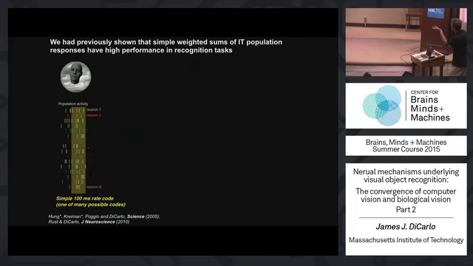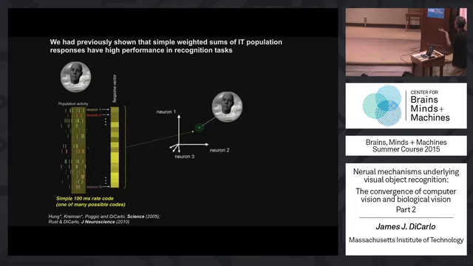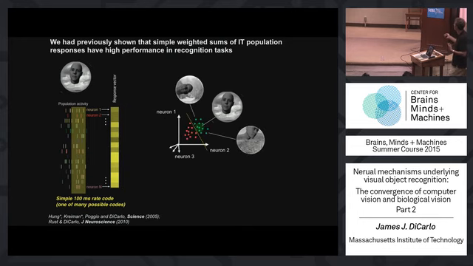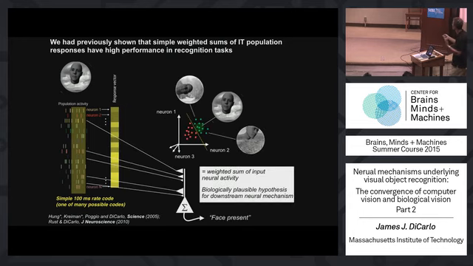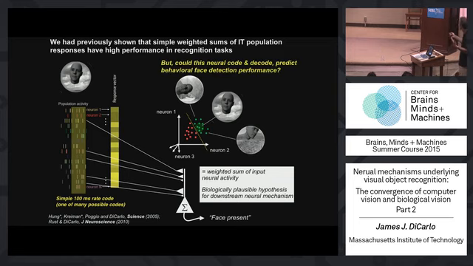So again, I'll briefly take you through this because I already showed you this earlier. We'd previously shown that you could take this kind of state space and say, hey, can you separate images of faces from non-faces using these simple linear classifiers, which are essentially weighted sums on the IT activity. And now we wanted to ask, could this predict human behavioral face performance and monkey, because again, they're very similar. And not only would this class of decoding models that was motivated by that earlier work predict this task, but would it predict car detection?